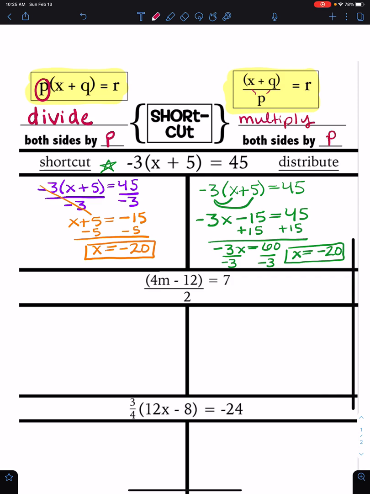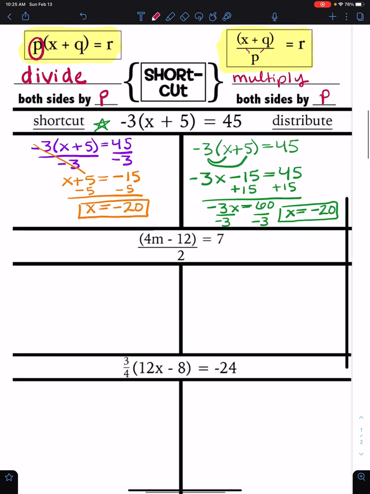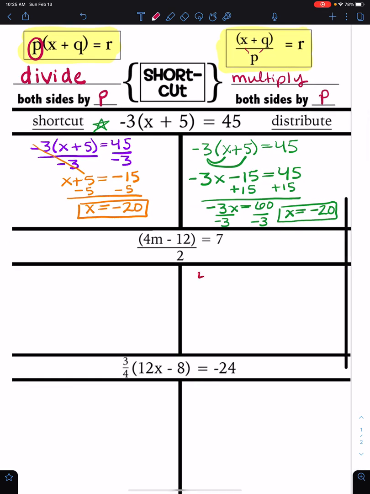All right, let's try both ways here. 4m minus 12 over 2 equals 7. If I'm distributing that 2, I'm dividing 4m by 2 and negative 12 by 2, which is 4 divided by 2 is 2, negative 12 divided by 2 is negative 6.